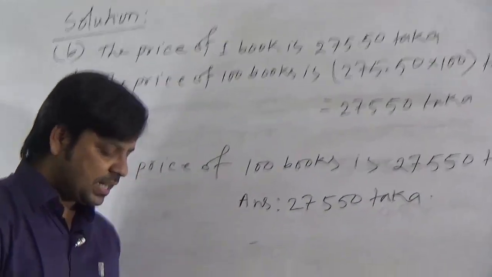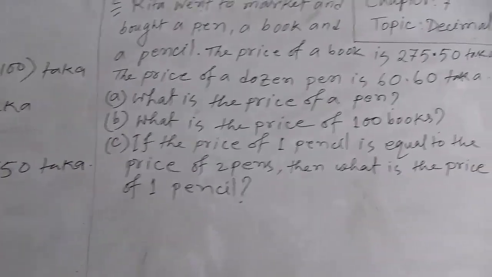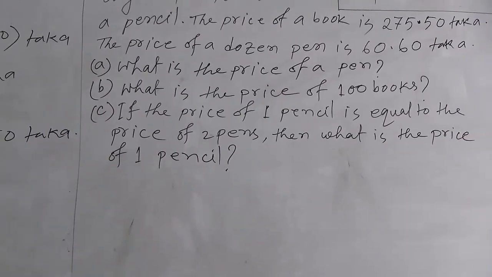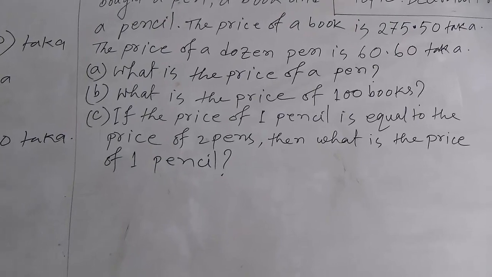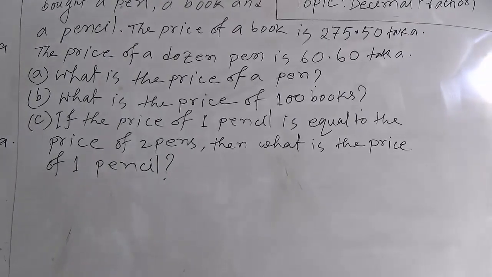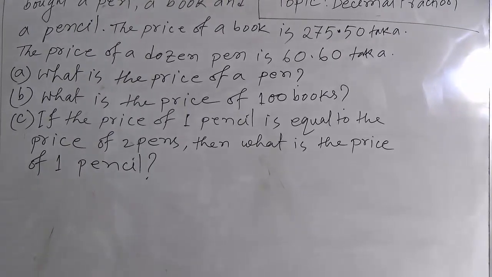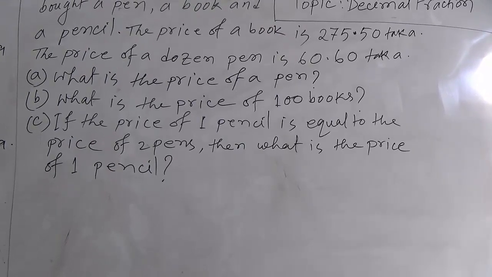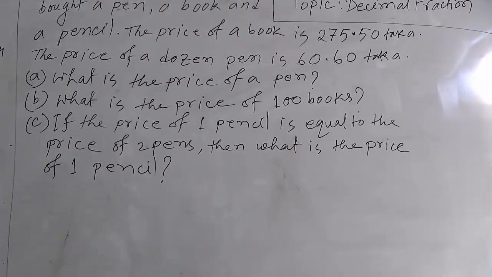Now let us solve the last question. The last question is question C. If the price of a pencil is equal to the price of 2 pens, then what is the price of 1 pencil? Now from A we know the price of a pen is 5.05 taka.